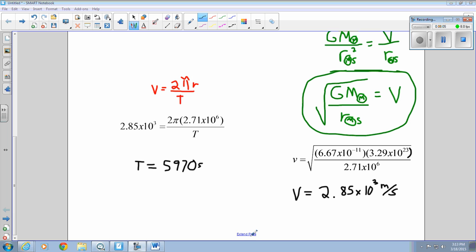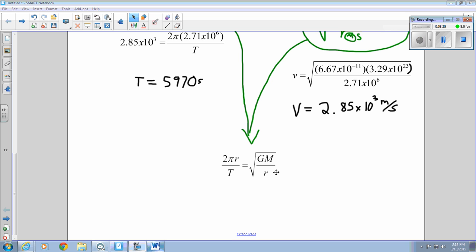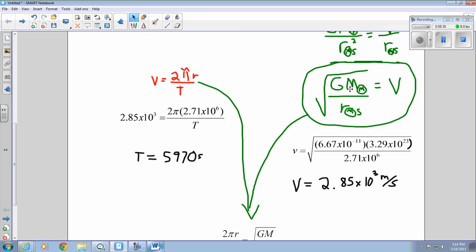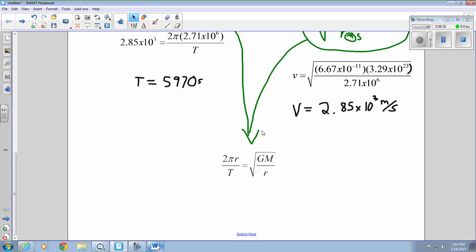Before you shut this off, one thing to note is you can get the period without knowing the velocity as well. That comes from the fact that this equation and this equation are equal to each other. 2 pi r over T is equal to the square root of GM over r.